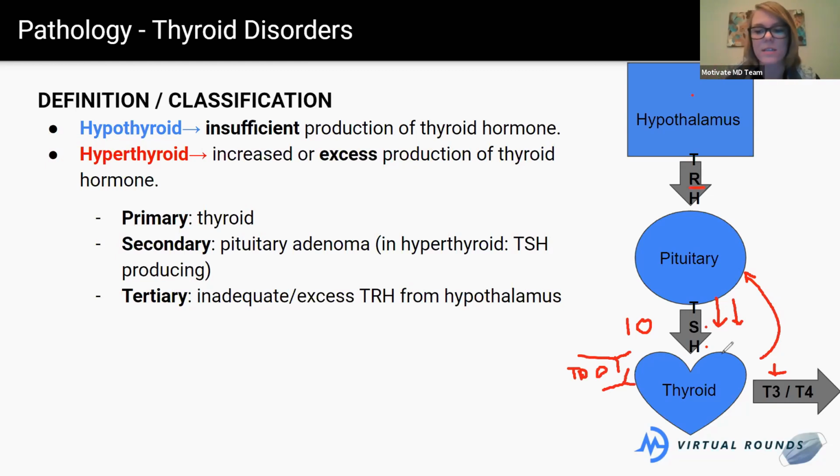It can't release the T3 and T4. We're getting low T3, T4, and then it's acting back, saying, pituitary, please release more thyroid stimulating hormone. And that's how we get the labs that we do. I hope that makes more sense. I know I kind of left you in the dark at first, with intent that we would talk about this a little bit more later. So I hope that makes a little more sense.